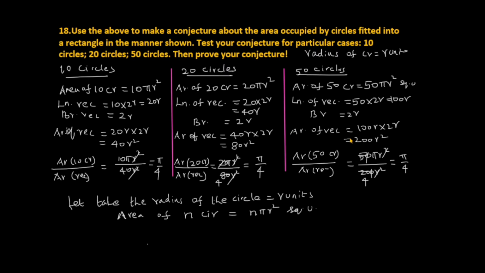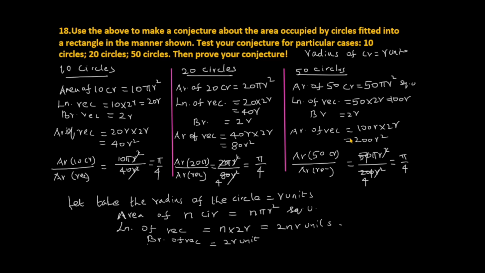So 10 circles means 10 pi r squared, 2 circles means 2 pi r squared, 4 circles 4 pi r squared. So n number of circles, n pi r squared. When n circles are there, length of the rectangle is equal to n times the diameter, n times 2r units. So 2nr units is the length. Then breadth of rectangle is equal to 2r units.